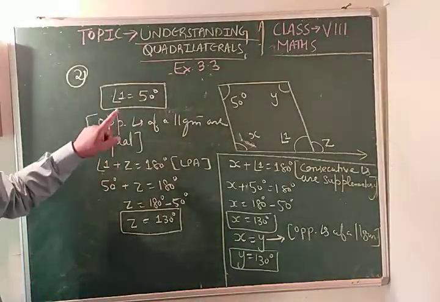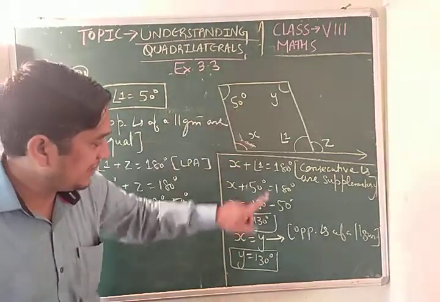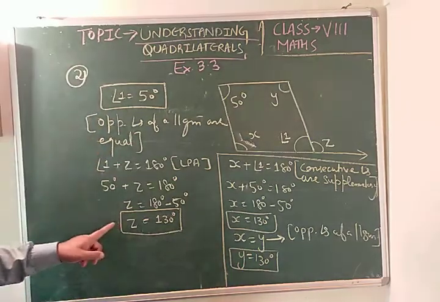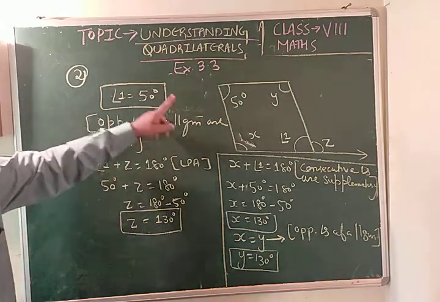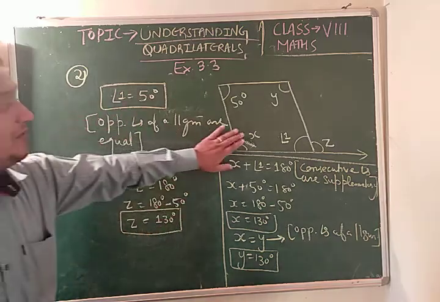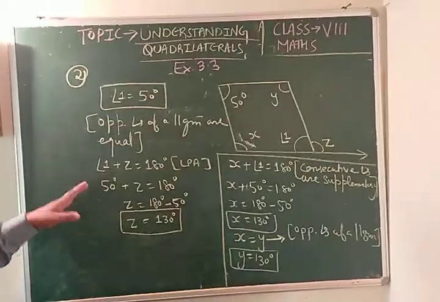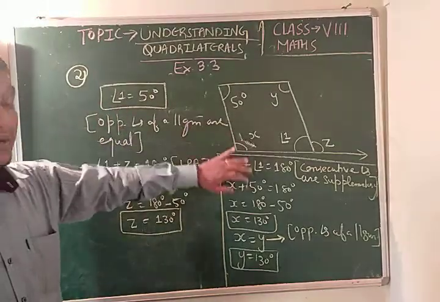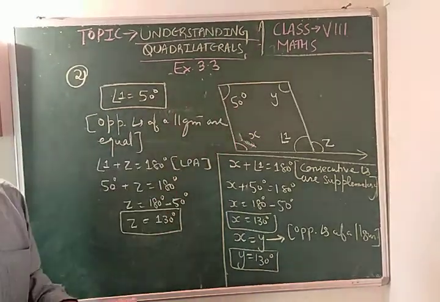Now look children, angle x is 130, angle y is also 130, angle z is 130 degree. By this way we will find all the values x, y and z. Children, you can find the unknown values of the angles by using the properties of parallelogram.